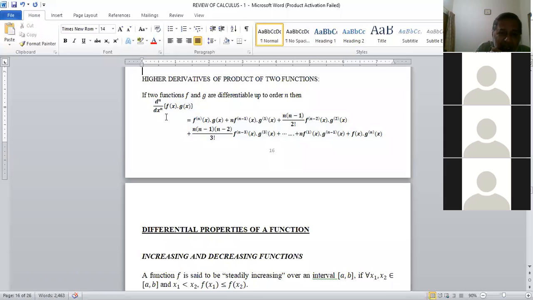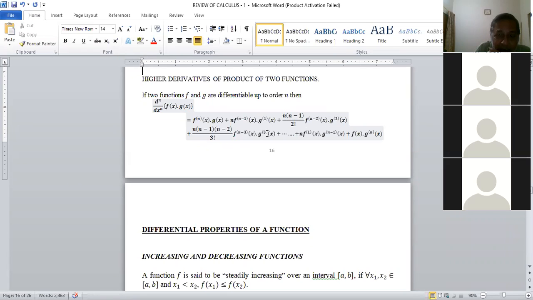This is known as Leibniz theorem. Nth derivative of product is evaluated using nth derivative of the first function, second as it is, plus n times n minus 1 derivative of first function, first derivative of the second function, plus n into n minus 1 upon 2 factorial. One order less of derivative of the first, one order more of the second function.